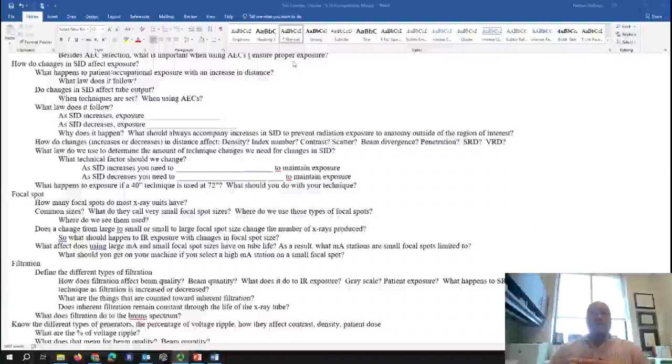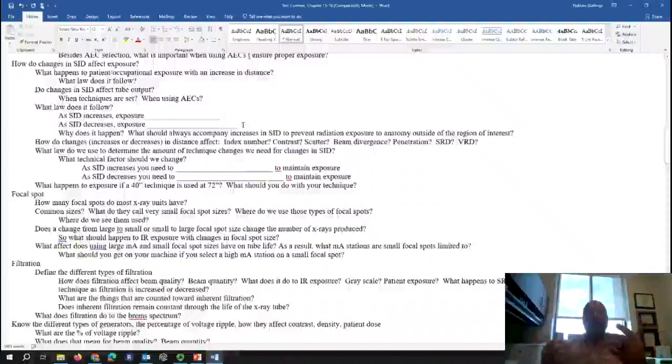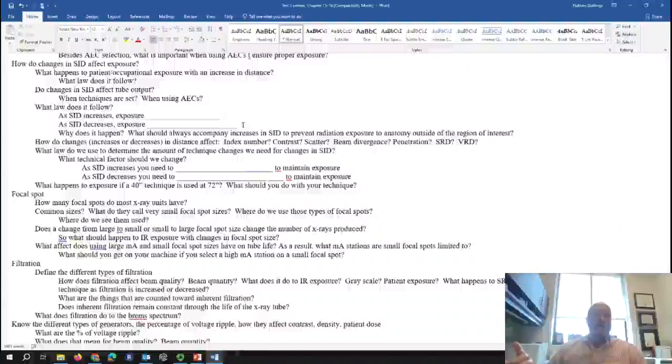So how do changes, be it increases or decreases in distance, affect density? Again, that should be exposure. I'm just going to delete that because index number is next, and that is your exposure. How is it going to affect the index number? Well, if you increase your distance, the index number is going to indicate that you underexposed the patient. Again, this is assuming that we have no change in our technique. We're not phototiming.